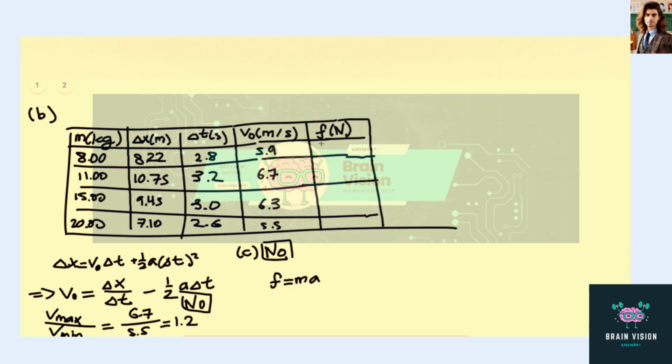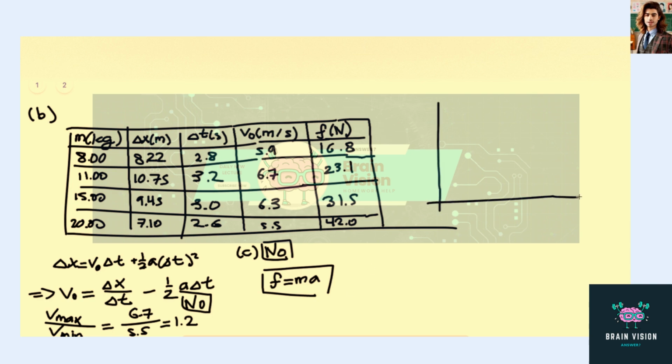And if you do that to three significant figures, you get 16.8, 23.1, and then 31.5, and then lastly 42.0. So now if we make a plot of what that looks like over here, we have mass on the x-axis and then force in newtons on the y-axis.